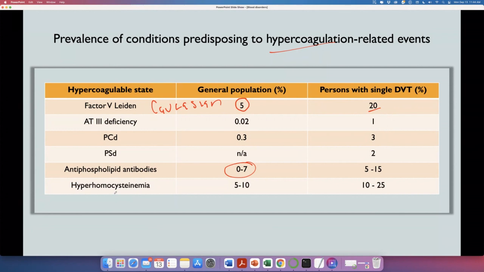Okay, this is something that varies a lot in the general population, and there is a lot of debate about if we could use elevated homocysteine as a marker of different things. Okay, notice how different studies vary. What is the percentage in the general population? Some studies say 5, other studies say 10%. And the percentage of DVTs also varies depending on what is the prevalence in that population.